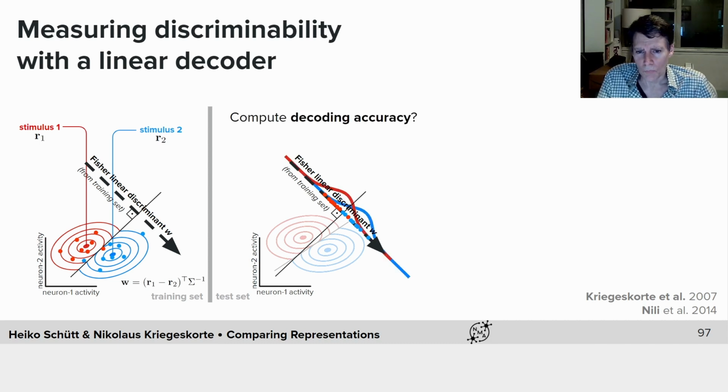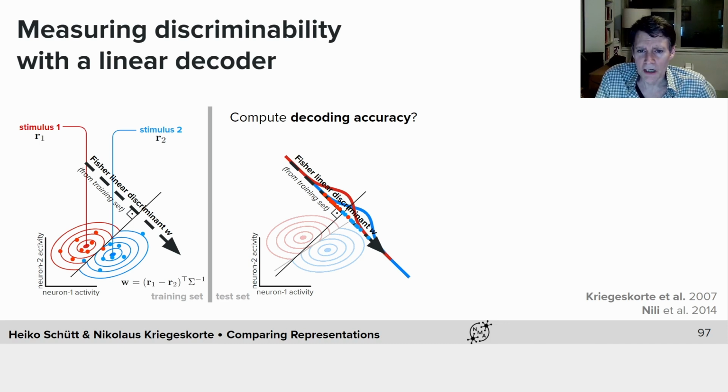So at this point, we could impose a threshold on this set of numbers in order to check how well we can decode the stimulus from these patterns in the test set. And that would be a pretty good way of checking whether there's actually any information at all about the distinction between these two stimuli in the brain region that we're looking at.